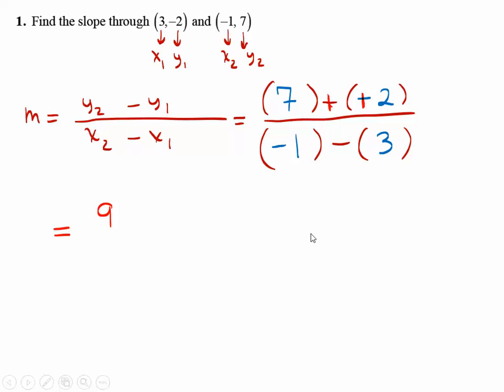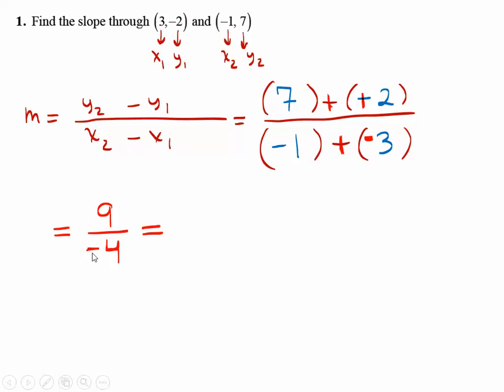So 7 plus 2 is 9. The reason why I changed this one here is because I had a negative here. If this was a positive, let's say 15, 15 subtract 3, that's easy. But because it's a negative, I'm going to change this to an addition problem. What's opposite of 3? -3. At that point, now I'm going to use addition rules from chapter 1. -4.